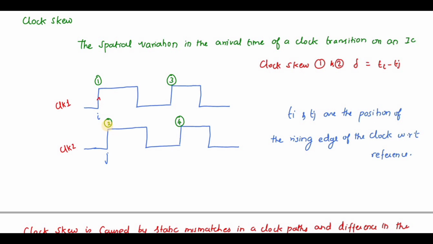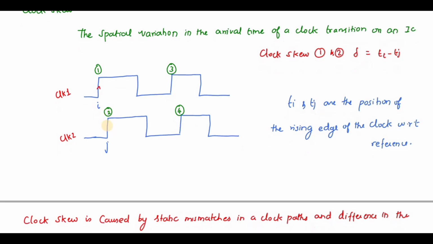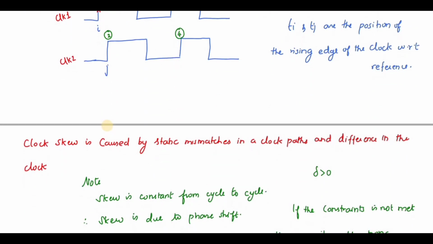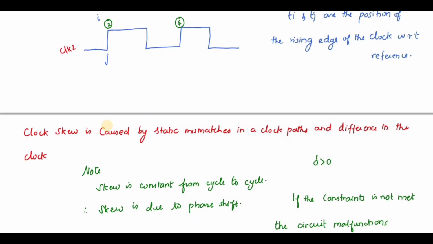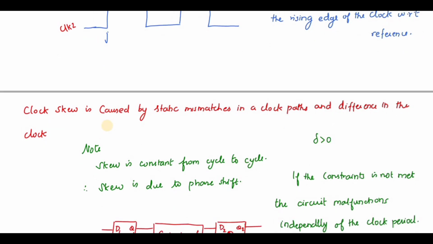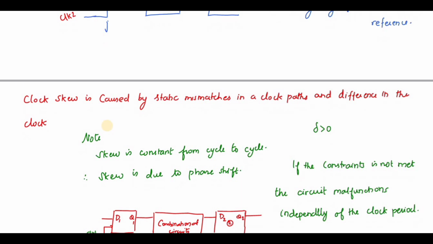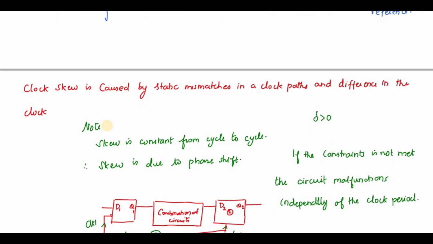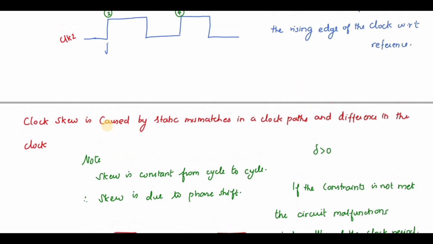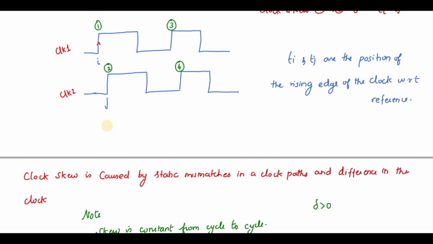This clock skew is caused because of static mismatches in the clock path and differences in the clock. So my timing will get varied.